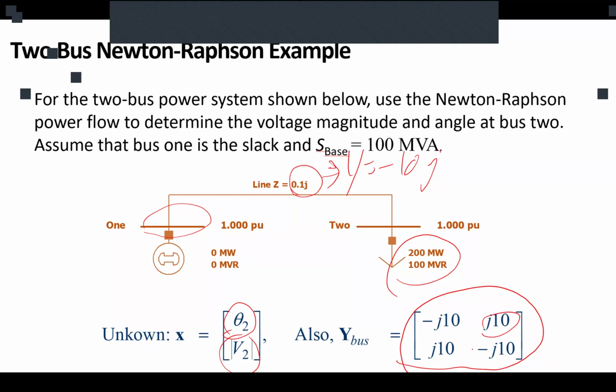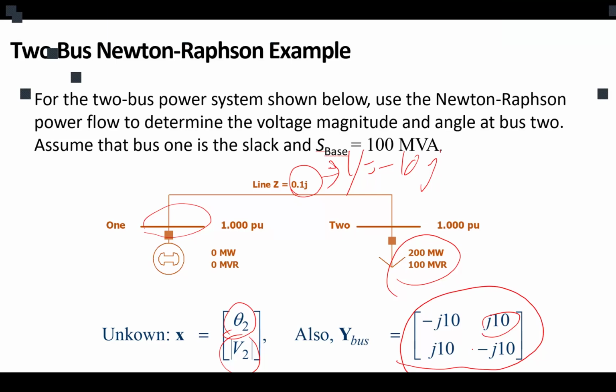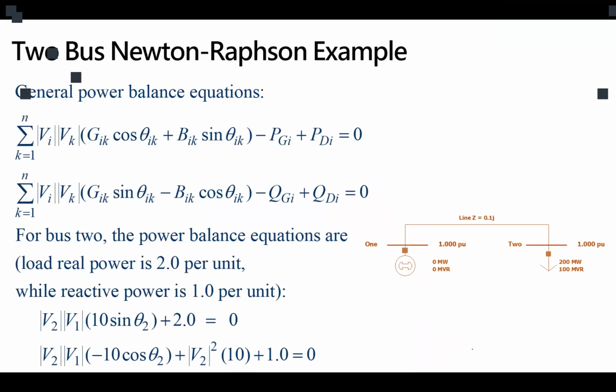Are we good? So now we have our admittance matrix for this simple bus system. Now we want to run an analysis to find out what theta 2 and V2 are.